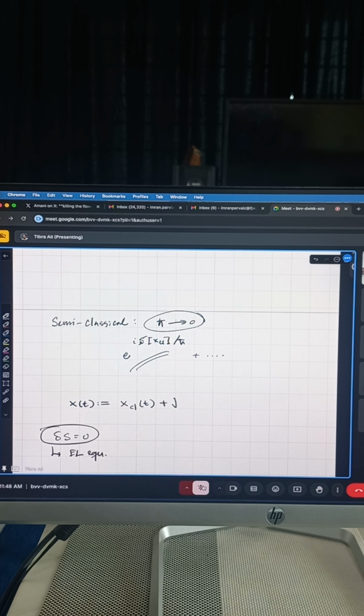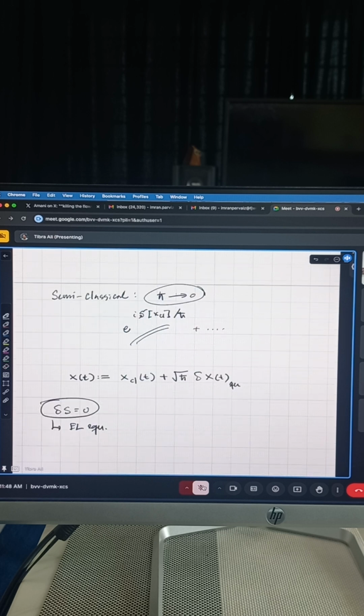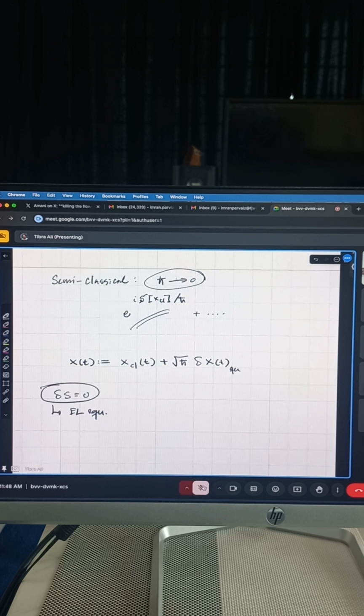And so there are corrections to this, and the correction, we call it the quantum path. And I'm introducing a square root of h bar here for later convenience. Okay? So this is basically what we are going to do.